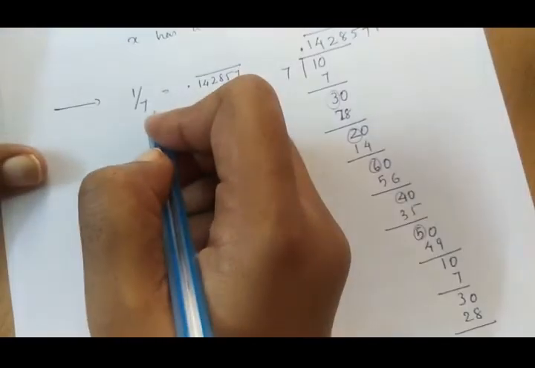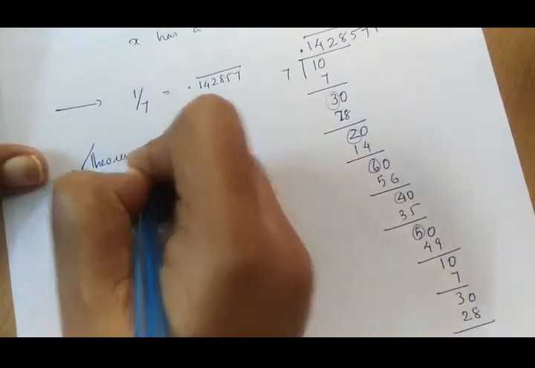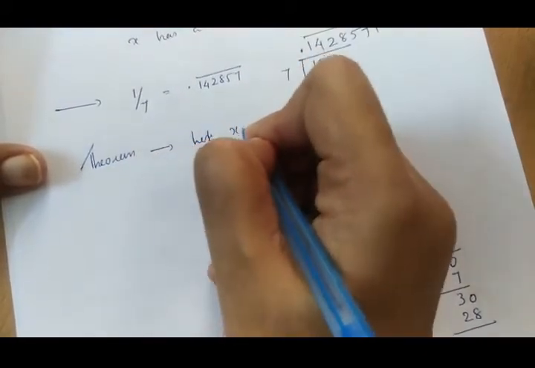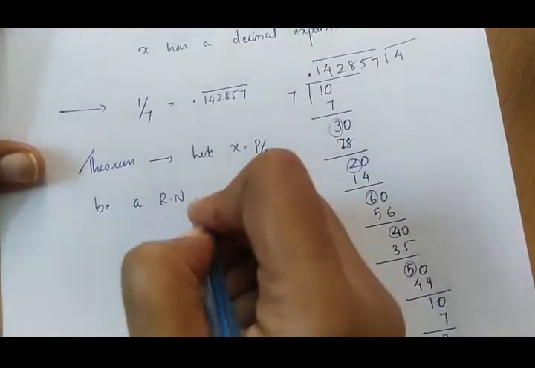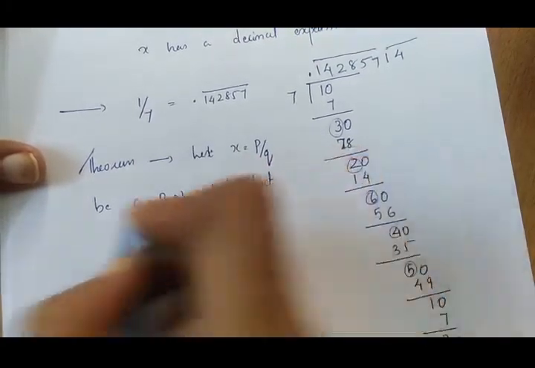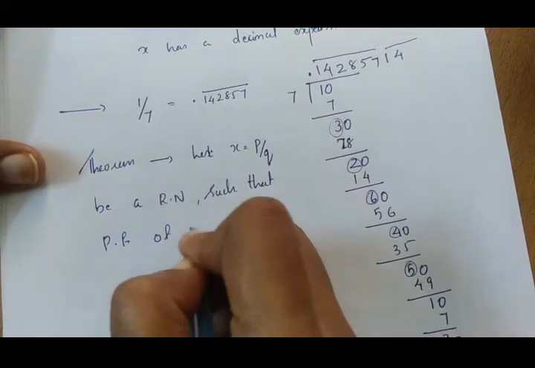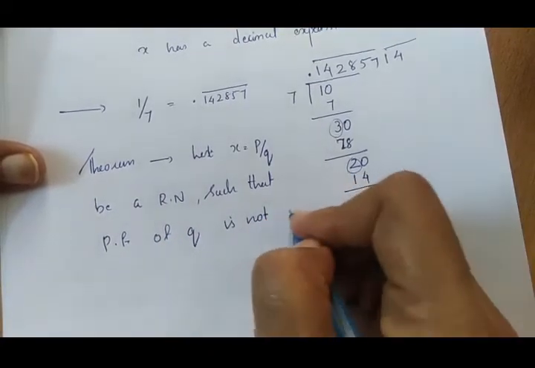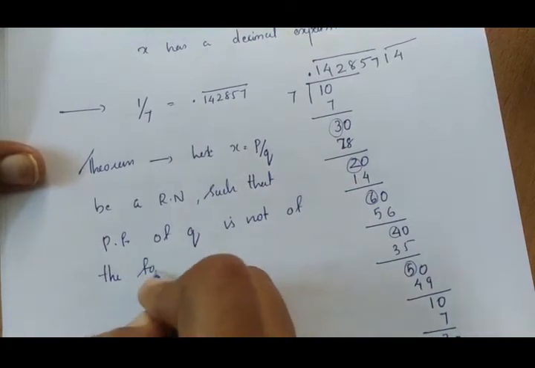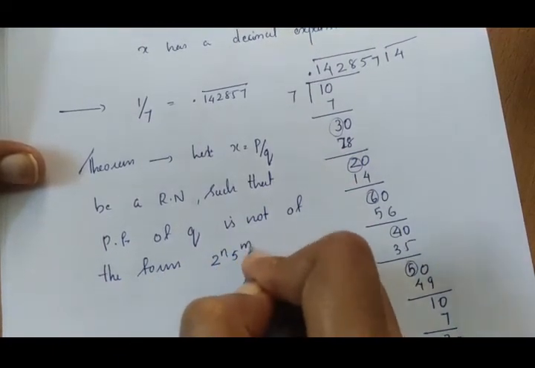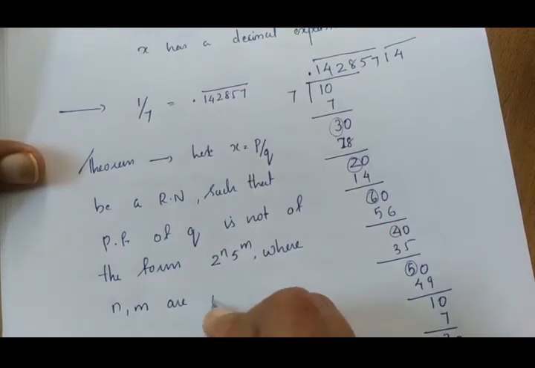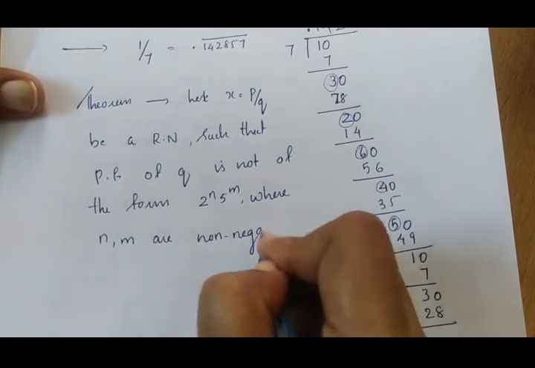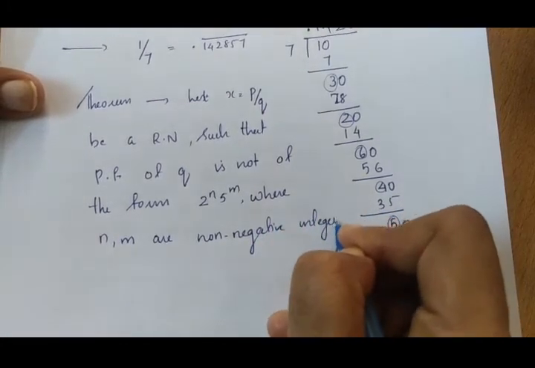Let's go to another theorem. Based on this example, the theorem states that let x equal to p by q be a rational number such that the prime factorization of q is not of the form 2 raised to n, 5 raised to m, where n and m are non-negative integers.